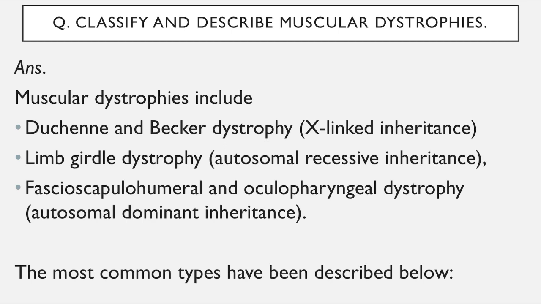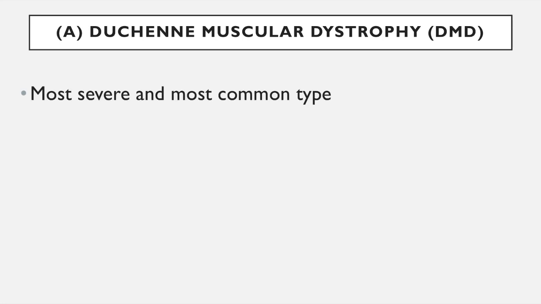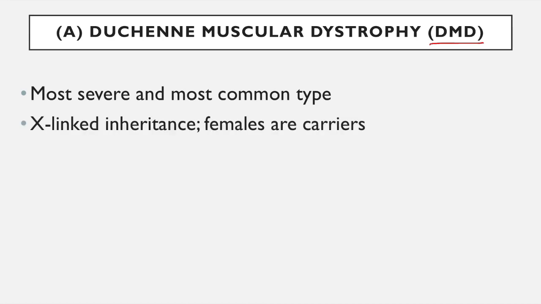Among these, the most common type have been described below: Duchenne muscular dystrophy or DMD. DMD is the most severe and most common type, X-linked inheritance, and females are carriers and males are symptomatic.